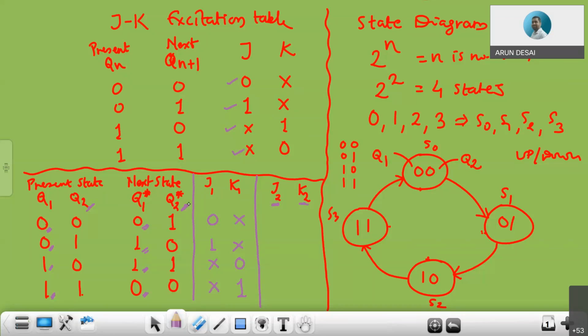Sorry, next input 1 and yes 1 and don't care, so 1 and don't care. Now next case for 1, 0 for 1 0, for 1 0 don't care, 1 right.